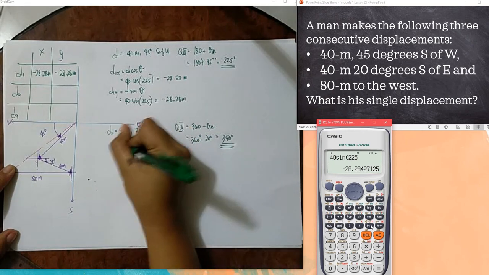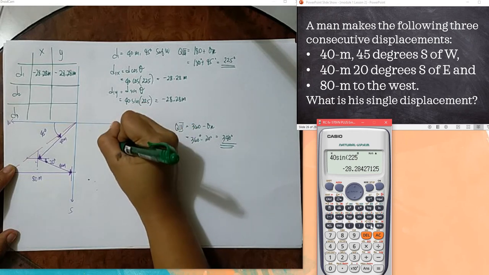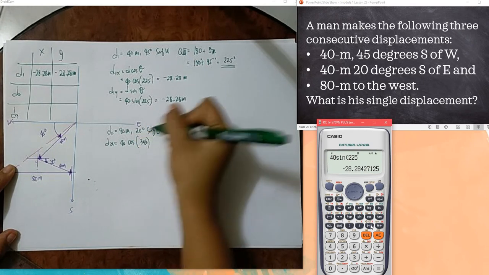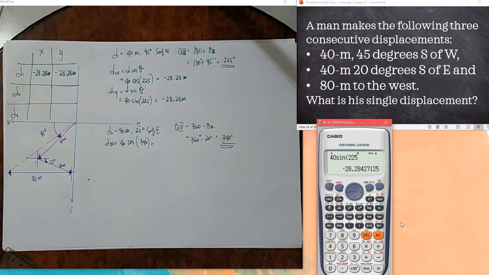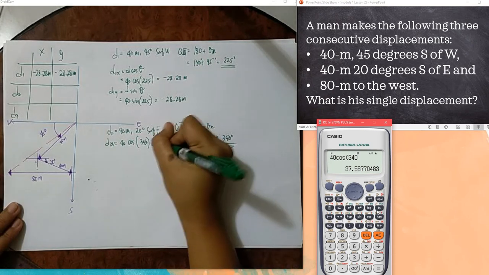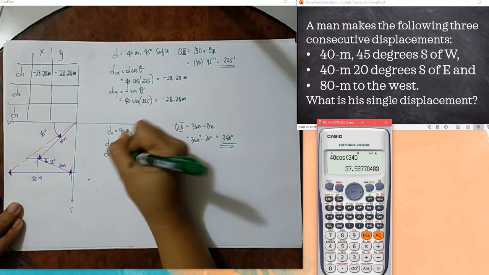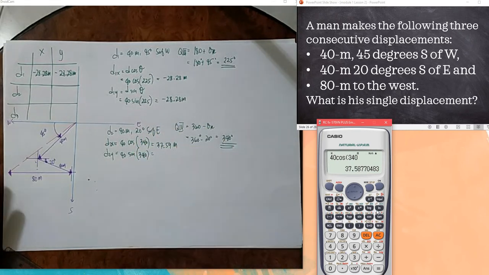Okay? So we have here 40 cosine, d2x, cosine 340 degrees. Okay, so how much is that? So 40 cosine 340, that is 37.59 meters. D2y naman, 40 sine 340.